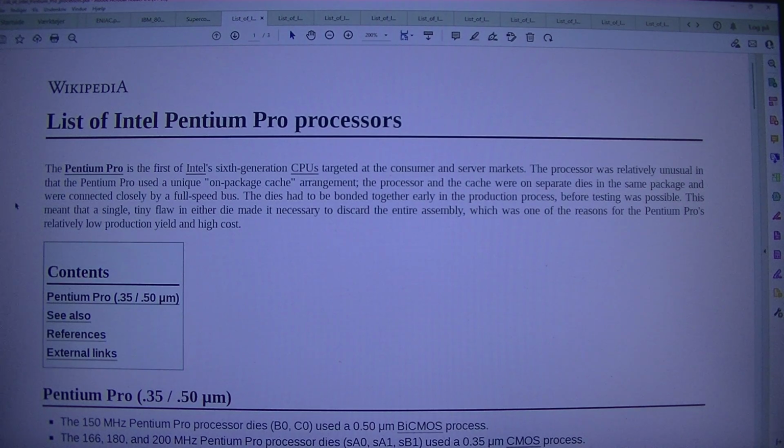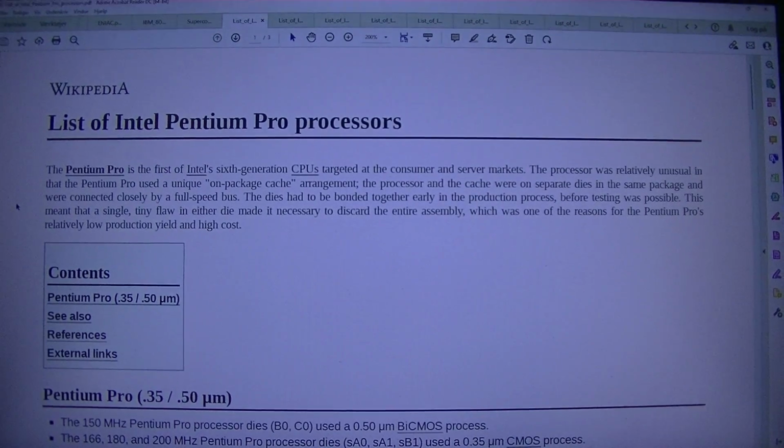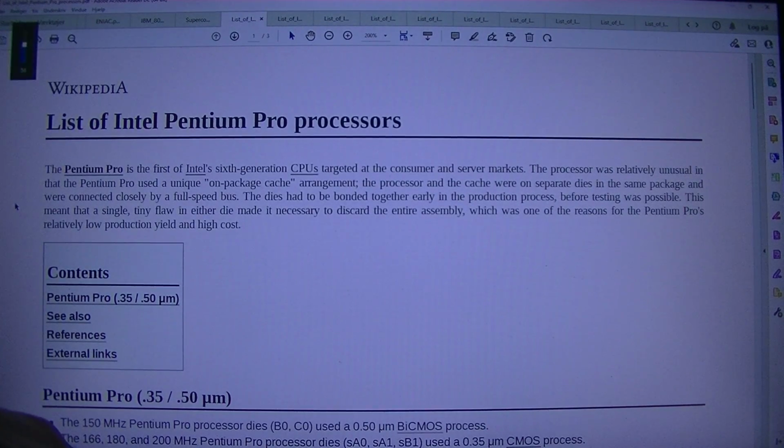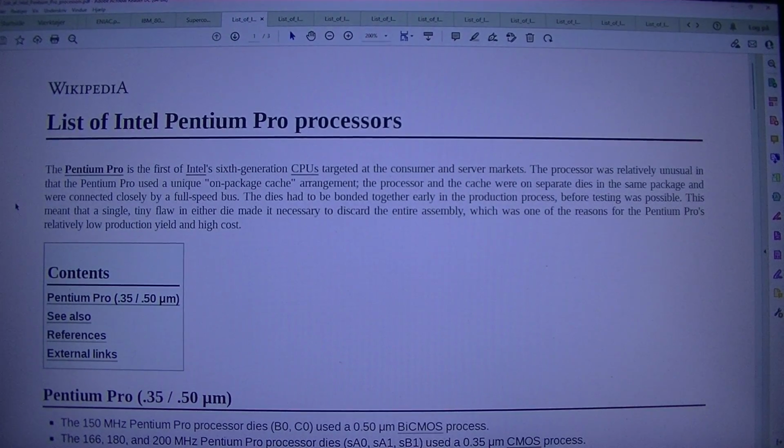The dies had to be bonded together early in the production process, before testing was possible. This meant that a single, tiny flaw in either die made it necessary to discard the entire assembly, which was one of the reasons for the Pentium Pro's relatively low production yield and high cost.